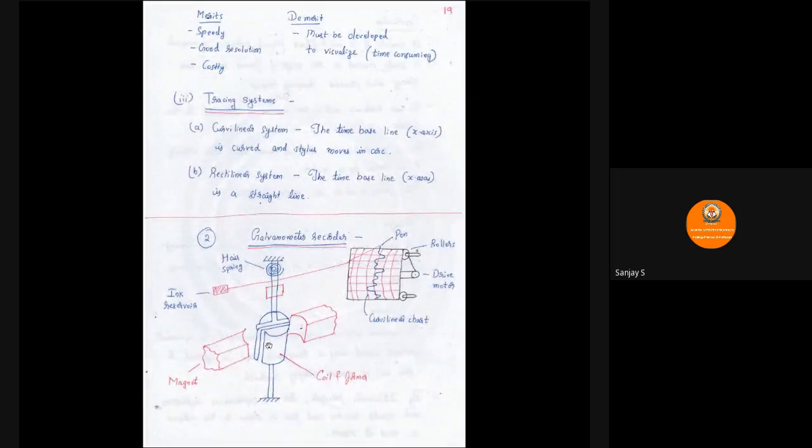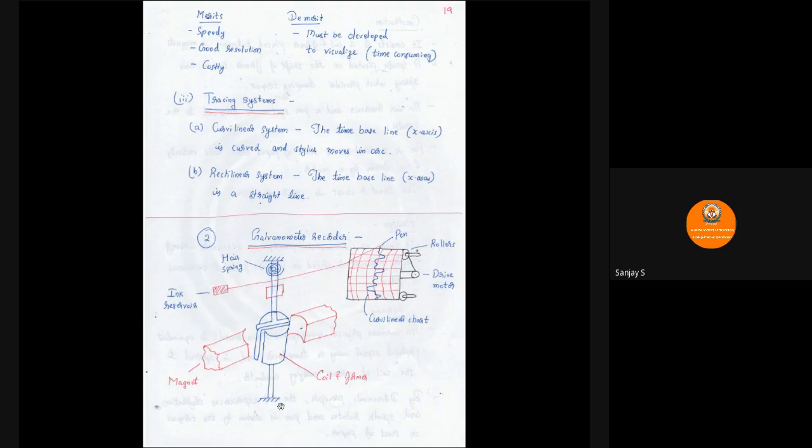So here the coil is made to carry the current. Whenever a current carrying conductor is placed in a magnetic field, it experiences a force. And this tends to rotate, or tends to move, and that movement is transferred by the pen on the paper.